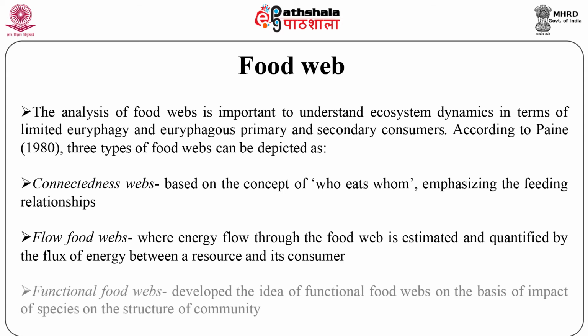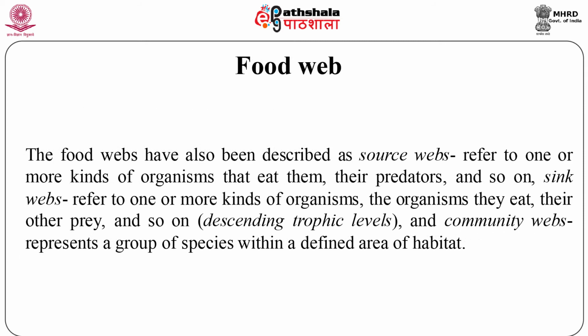And functional food webs, developed on the basis of the impact of species on the structure of the community. The food webs have also been described as source webs, which refer to one or more kinds of organisms and the organisms that eat them, their predators and so on.